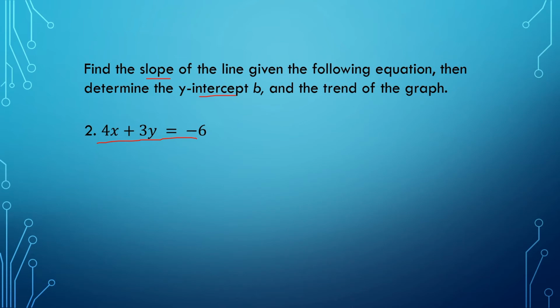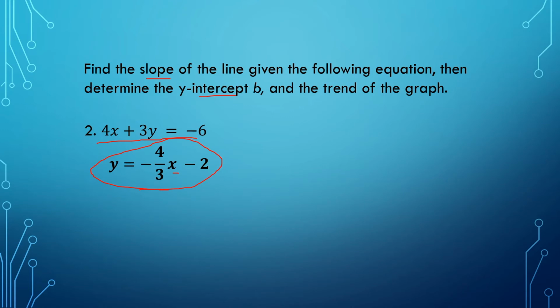Since we already discussed that last time, let us fast forward. The slope-intercept form of this equation is y is equal to negative 4/3 x minus 2. So we are going to use this equation. The numerical coefficient of x is negative 4/3.